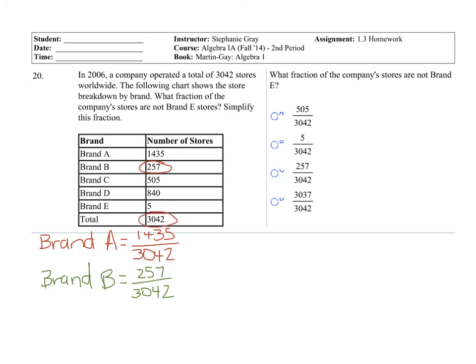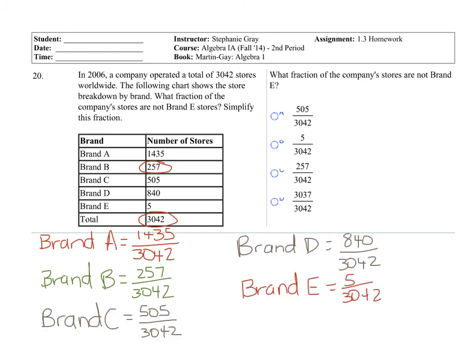I'll continue to do this for all of the brands. So brand C is 505 out of 3,042 stores. Brand D is 840 out of 3,042 stores. And brand E is 5 out of 3,042.